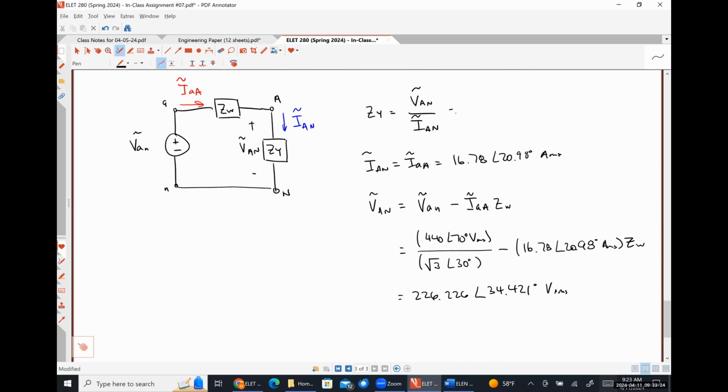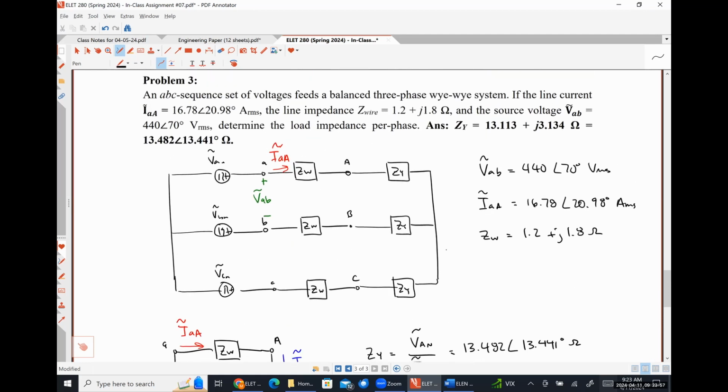And now I'm simply going to divide that answer by the 16.78 angle 20.98. And I wind up getting 13.482 with an angle of 13.441 degrees ohms, which matches what we got up here.